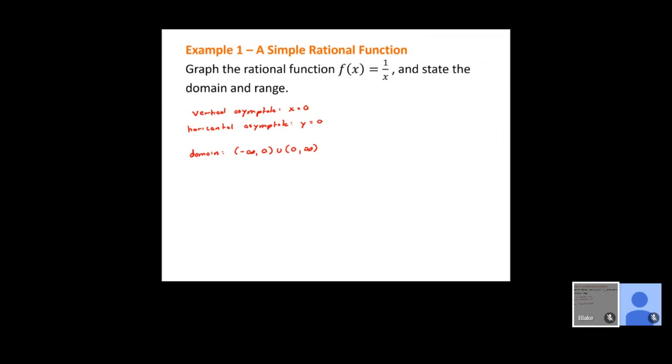And then similarly, with the horizontal asymptote at y equals 0, we know our range is never going to go through 0, so we're going to go from negative infinity to 0 on the y, and then 0 to infinity. So wherever you have vertical asymptotes, those are going to be restrictions on your domain. Wherever you have horizontal asymptotes, those are going to be restrictions on your range.